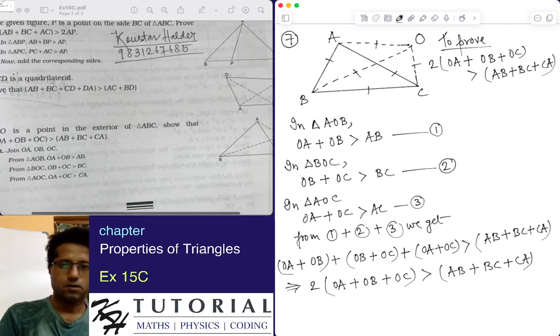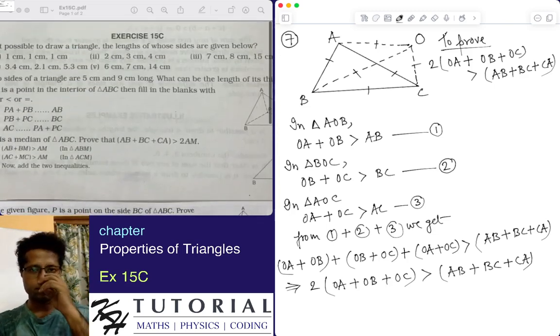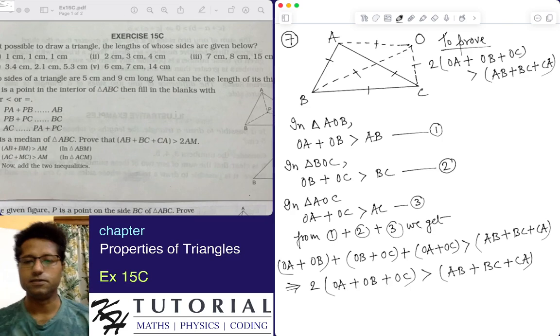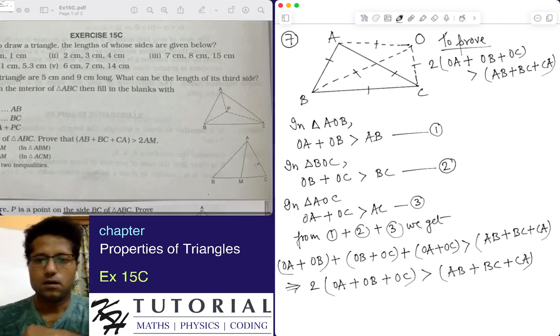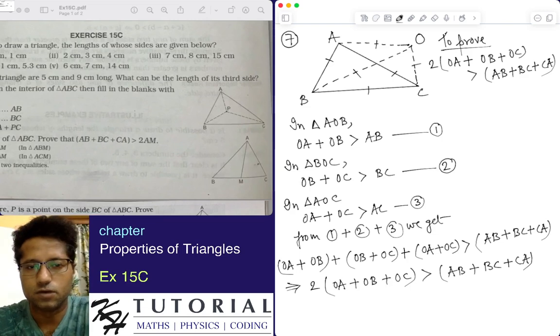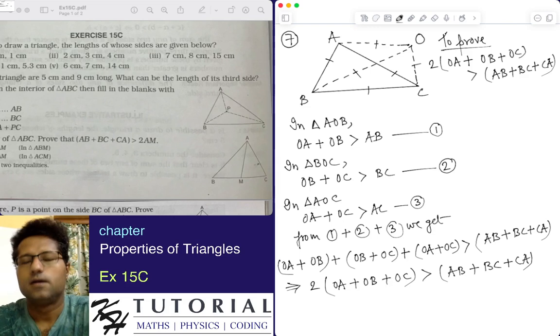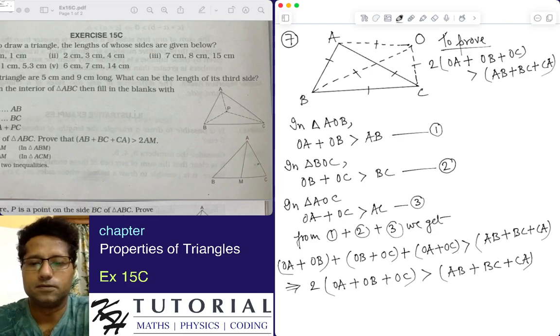Okay. So this brings to the end of solving the problems of exercise 15C. The main task in solving this kind of problem is to identify the triangles and then apply the triangle inequality, that is the sum of the lengths of two sides is greater than the third side.